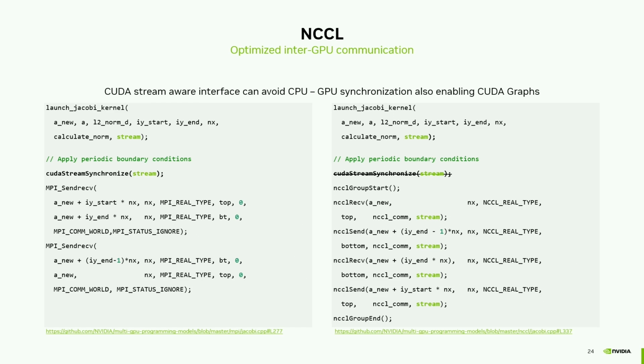Compared to that, NCCL looks very similar regarding the send-receive, but you can avoid the CUDA stream synchronize because the communication is submitted in the same stream as the compute kernel. So it doesn't start before the compute kernel has finished, but you can already enqueue the work, and the CPU can go off to do other work, which allows you to more eagerly schedule work to the GPU and makes the timeline generally denser.